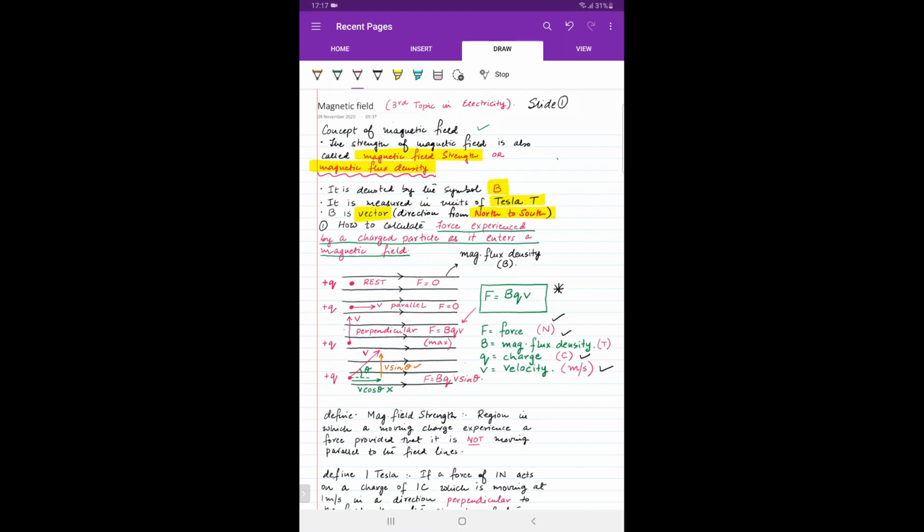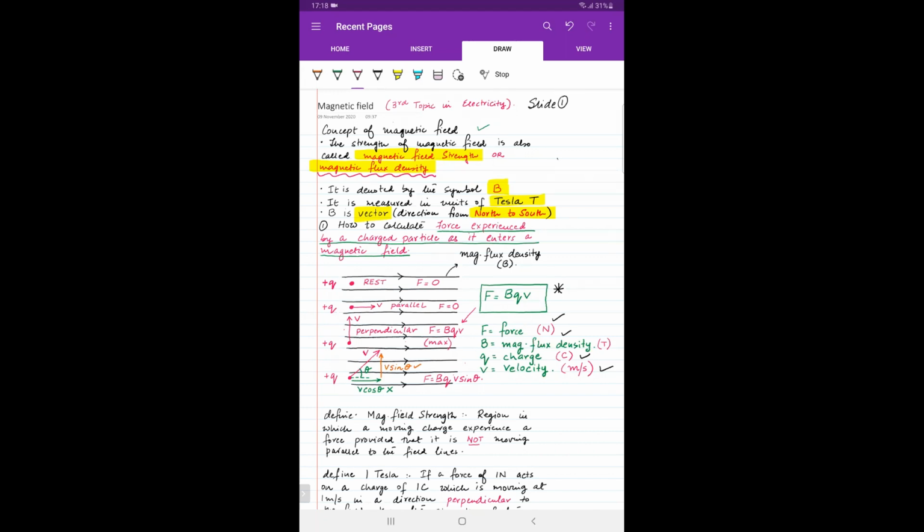ये तो चार scenarios में आप इसको break down कर सकते हो. The first case, if the charged particle is at rest, it does not experience any force, so zero. Second case में, if the charged particle moves parallel to the field lines, again it doesn't cut the field lines, so no force. Third वाले case के अंदर, if the movement is perpendicular, then maximum force.